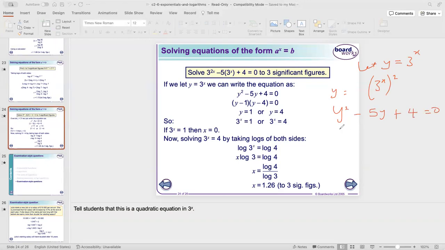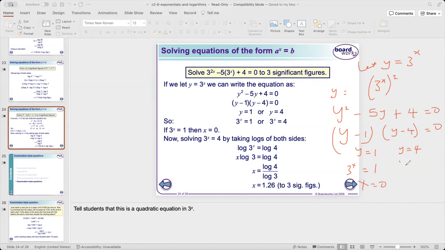From there, you factorize it. y minus 1, y minus 4 equals 0. Then y is equal to 1, and y is equal to 4. Since you know initially that 3x equals 1, that means x is going to be equal to 0.